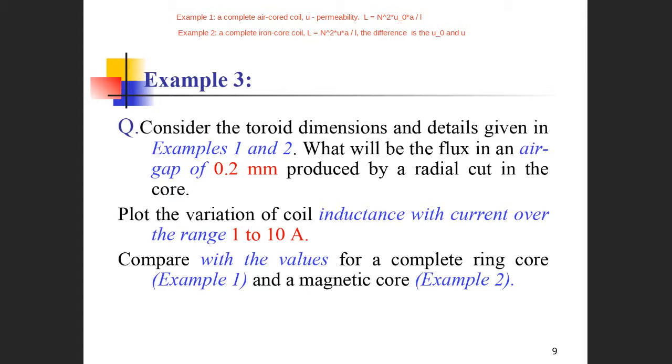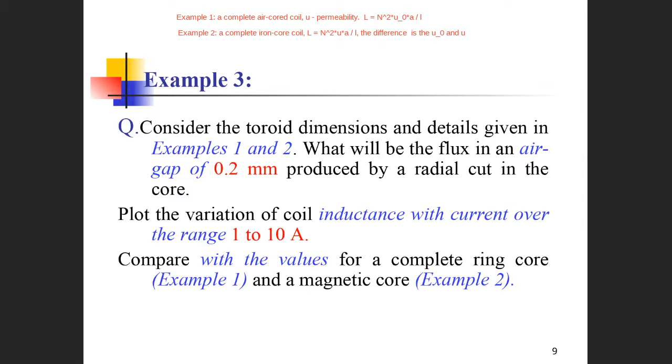As a result, L will be the turn number N squared over the reluctance.